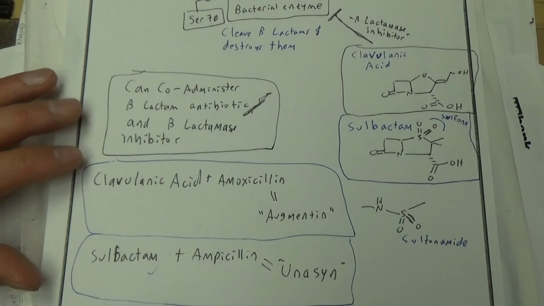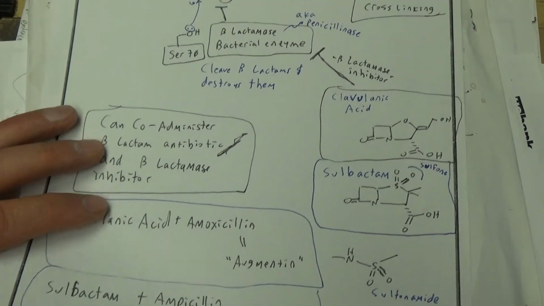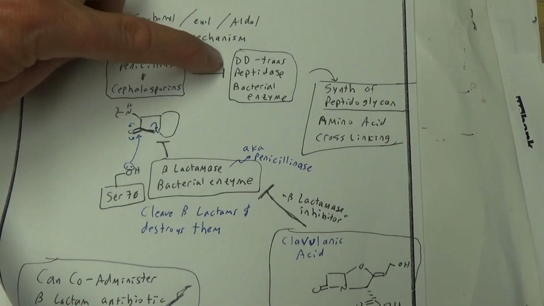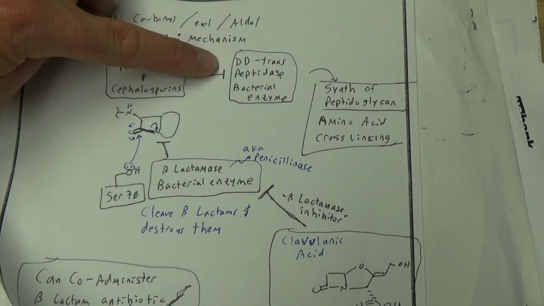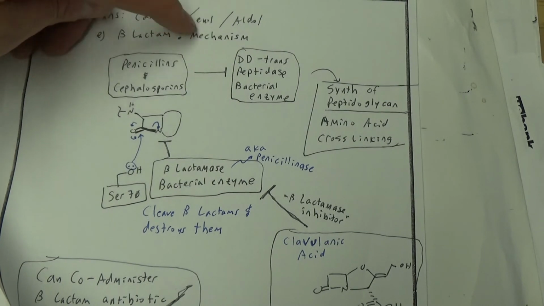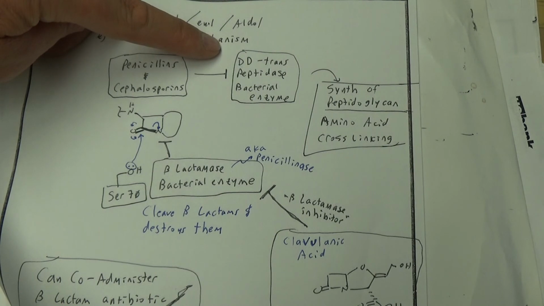Okay, I have a really cool cartoon figure that talks about mostly what's going on with the DD transpeptidase and what it actually does. I'm probably just going to present that in our next synchronous lecture, so you guys can ask some cool questions about it. So I think we're good.